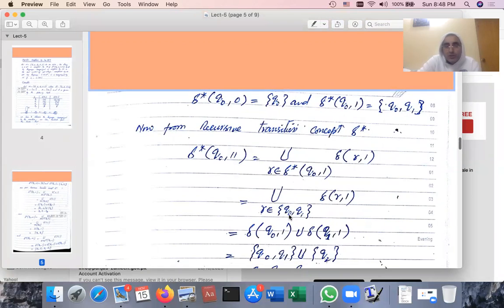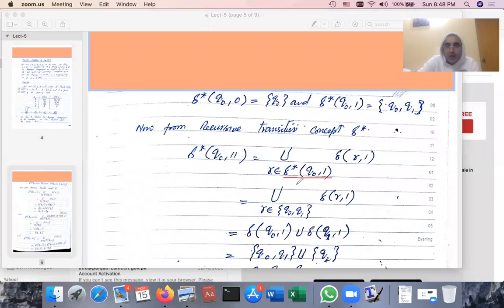These two states are the set of states belonging to this R. So I can replace this thing here with that one according to my calculation. Okay.